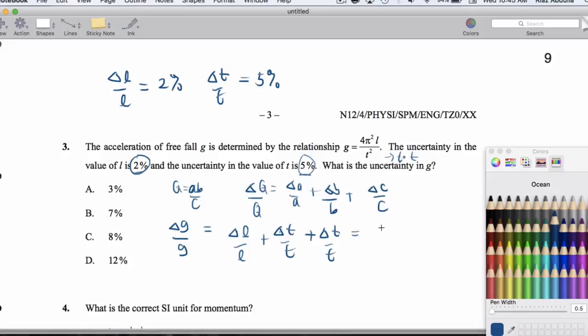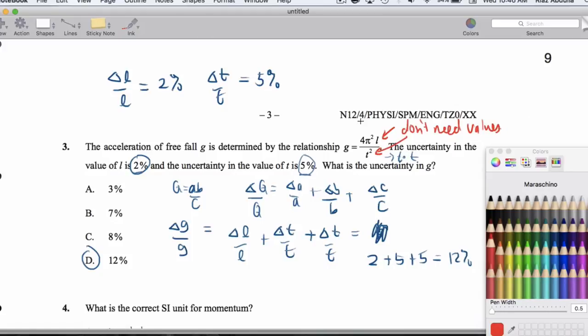Sorry, it's going to give me 2 for delta L over L, plus 5 plus 5, and that's going to give me 12% uncertainty. Things to note: I actually don't care what L or T is. I don't need values, and that can throw people off on calculations like this.